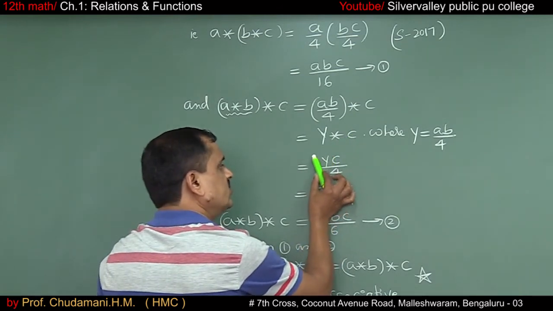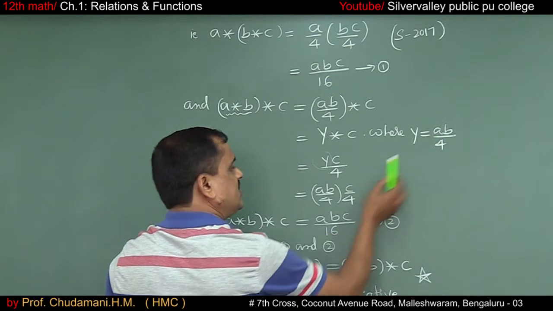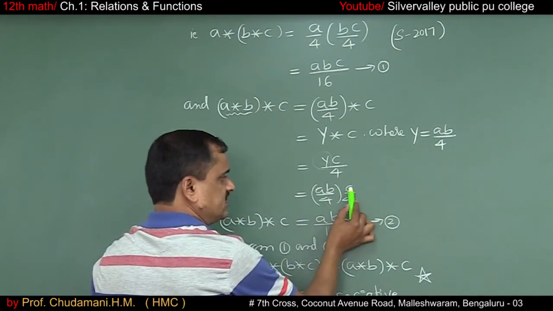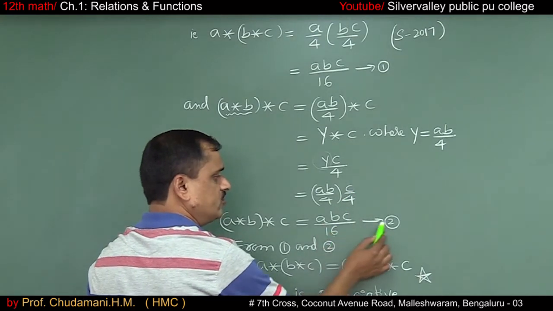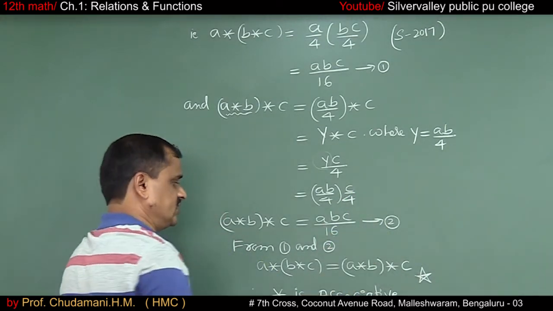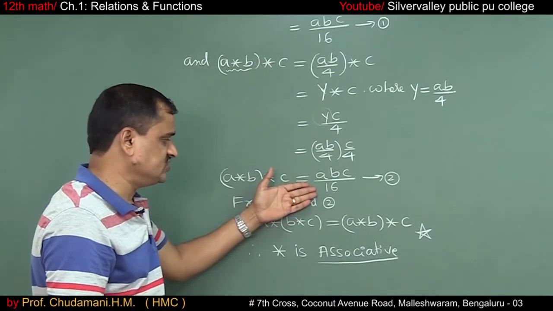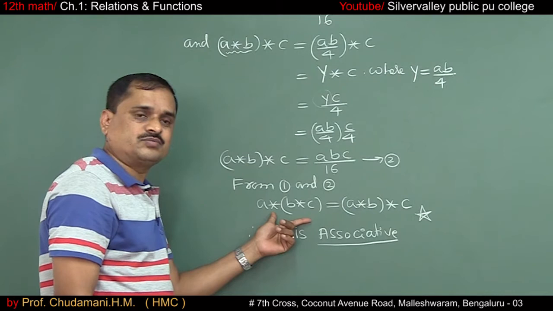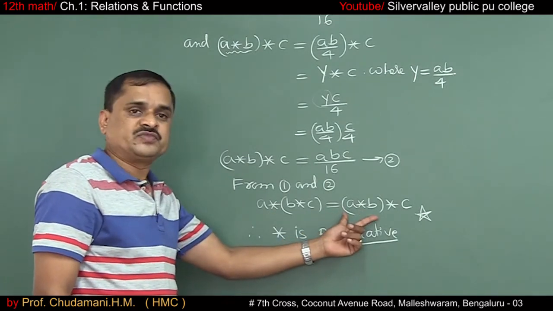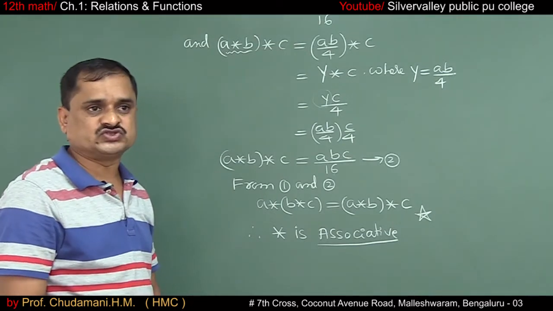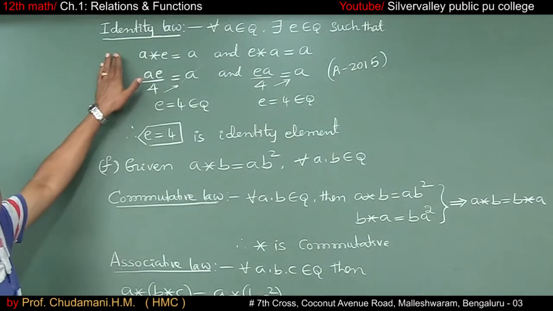But what is Y actually? AB divided by 4 into C by 4 as it is. So that ABC divided by 4 into 4, 16. Say equation 2. From 1 and 2, this is ABC by 16. This is also A star (B star C) is equal to (A star B) star C. Therefore, star is associative.